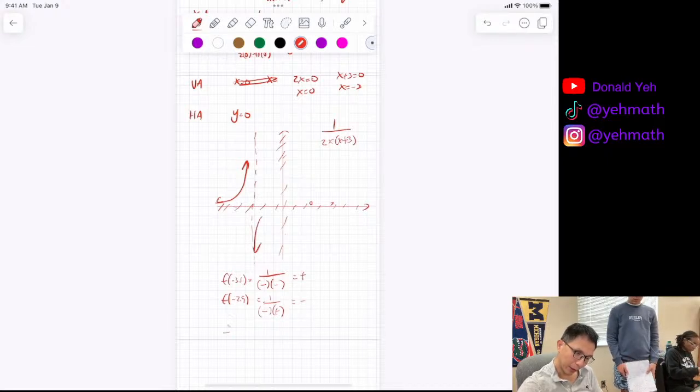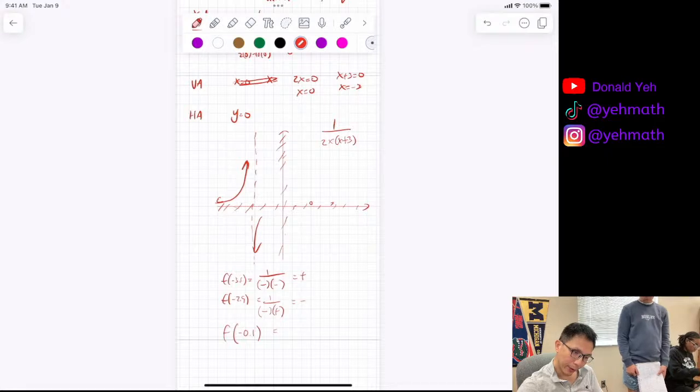And if you plug in negative 0.1, it is going to be positive, negative, and positive. So that's equal to negative, so it's going to be like this. And this part is already here, so it's going to be like this. There's a hole there, though.